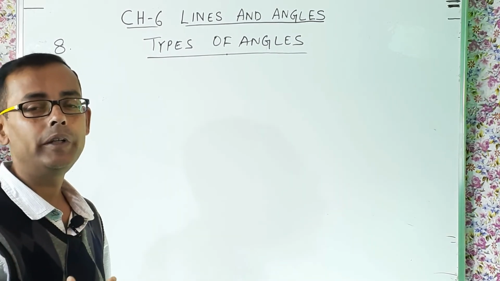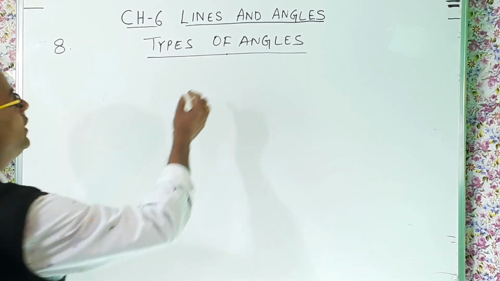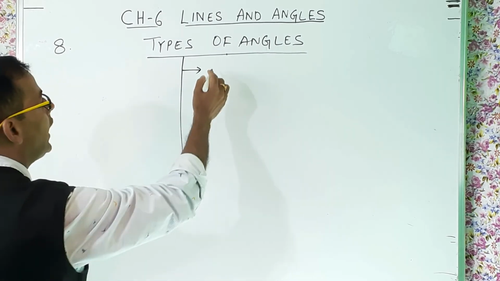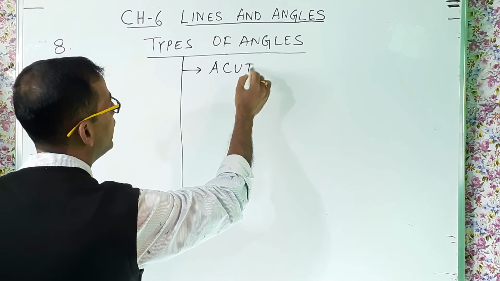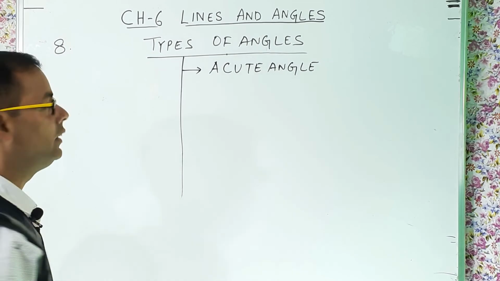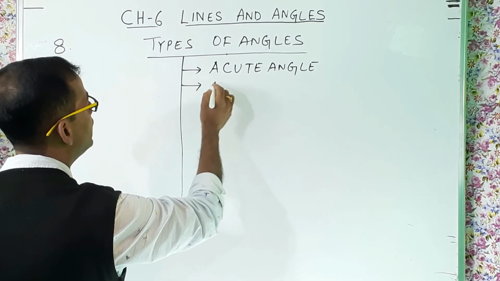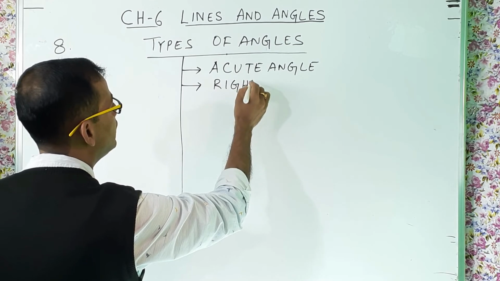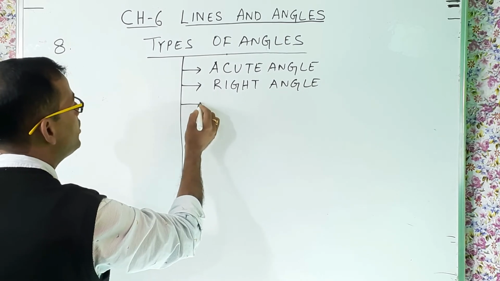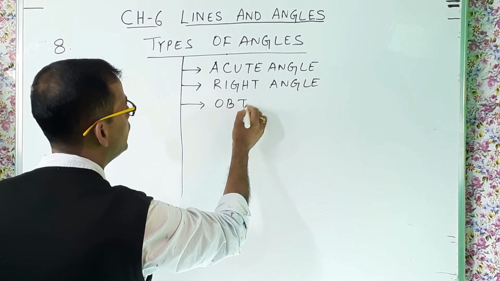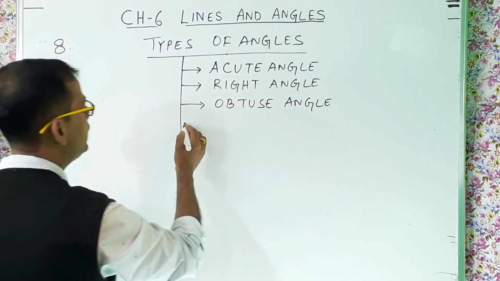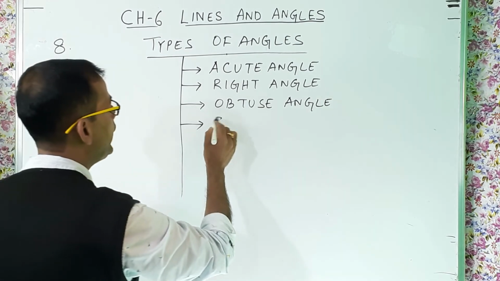We will try to know how many types of angles there are. The first one is the acute angle. The second one is the right angle. The third one is the obtuse angle. The fourth one is the straight angle.